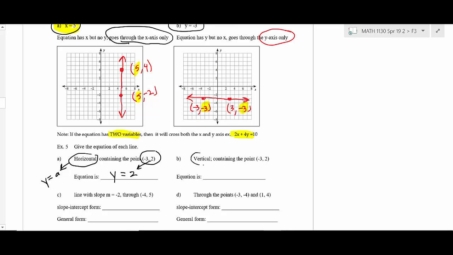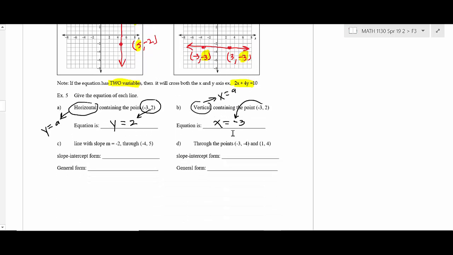Okay, if it's vertical, then it's x equals a number. So the equation of this would be x equals -3. Okay, I mean that's what I'm saying on that is just horizontal lines are y equals, and then vertical lines are x equals. Everybody with me on what I did there?